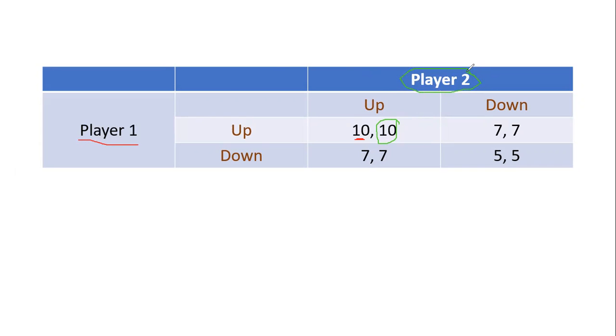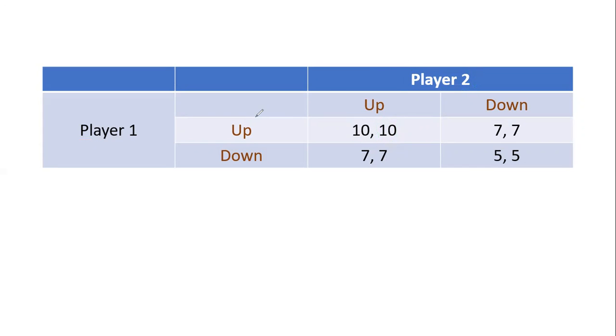So in this game, player 1 has two strategies. He can either play up or he can play down. Similarly, player 2 also has two strategies. He or she can either play up or can play down.